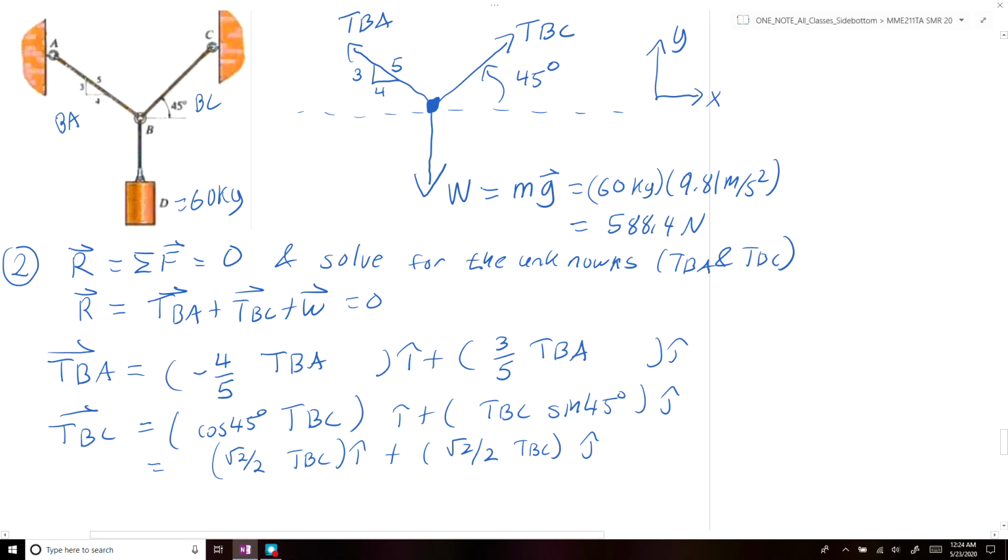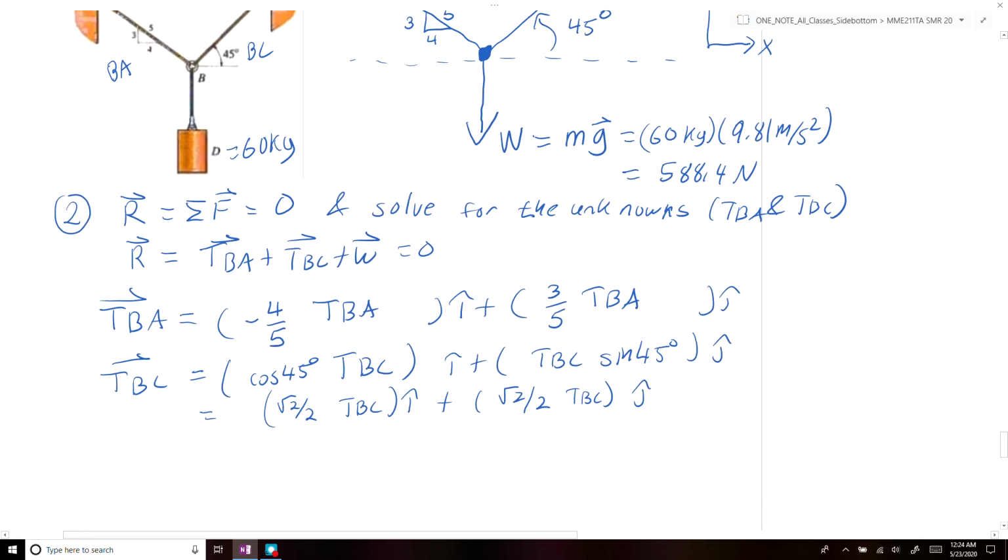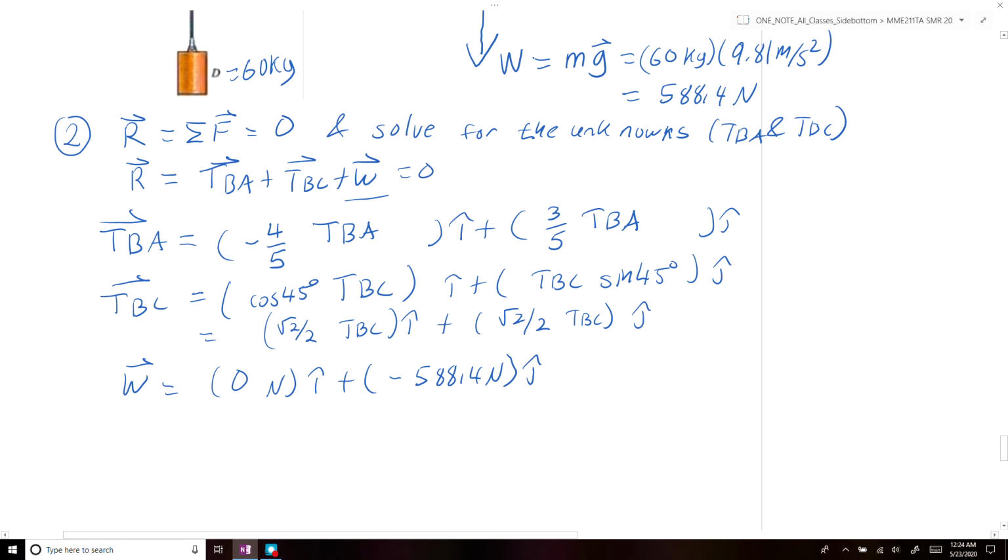Then the last force we have is our weight. Our weight is only going along the negative y-axis, so that's going to be equal to 0 newtons along the positive x-axis, and for the y-axis we're going to get minus 588.4 newtons times j. If we sum these all together, we get our resultant force.